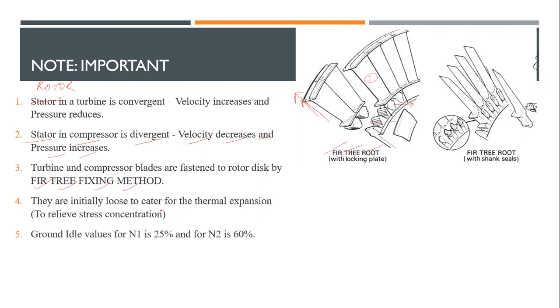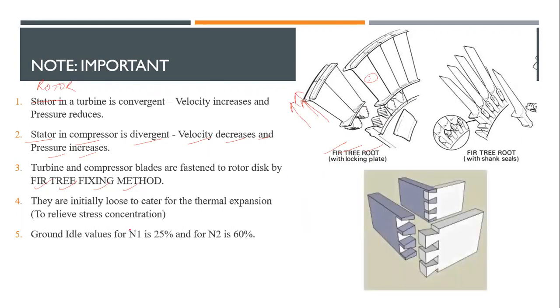When the engine applies centrifugal force, they get tighter and tighter. That is the very best advantage of this particular fixing method. Heat, pressure, and velocity all add to its fixation, and that is the only reason they don't break away or fall apart.